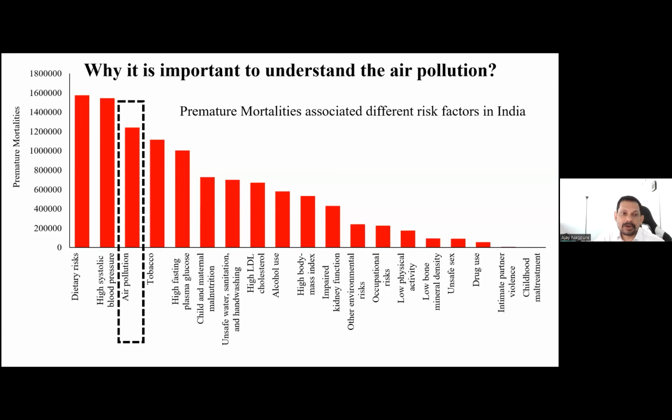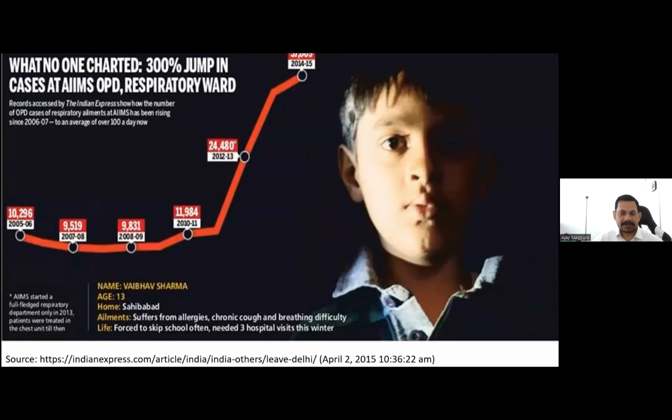So sometimes they do not believe these numbers. Whenever I present air pollution related data in an Indian city, especially to Indian bureaucrats and politicians, I used to share this figure.